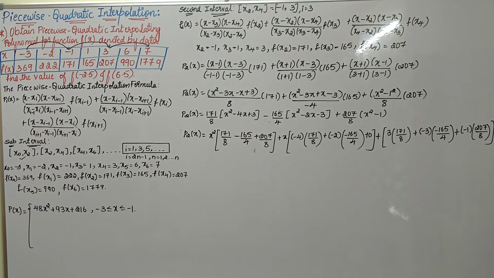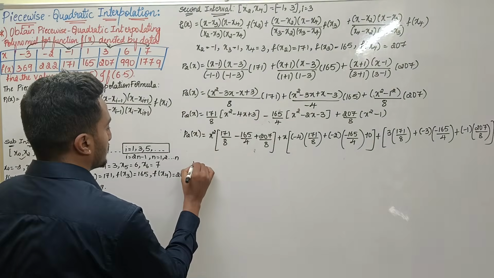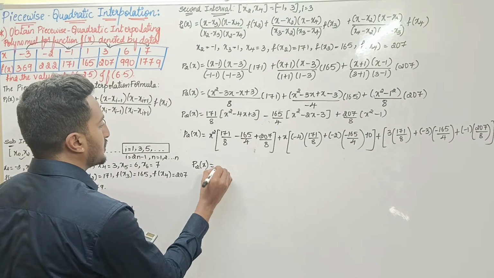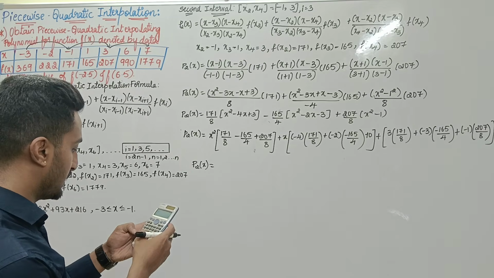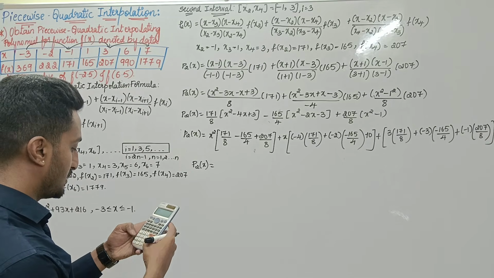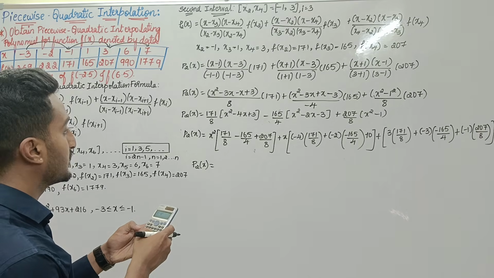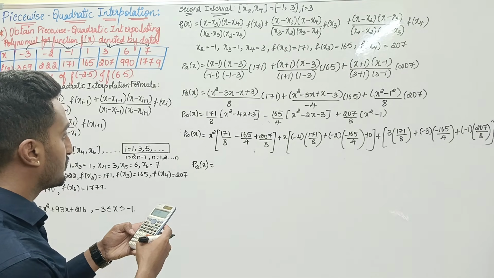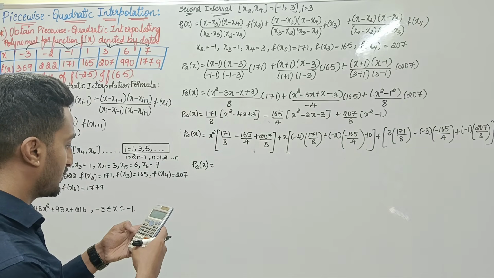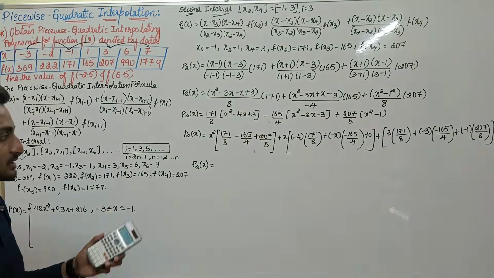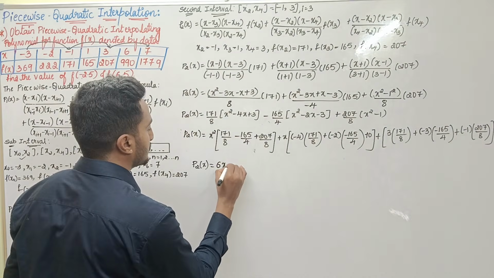Now let us calculate, okay, that is a second piecewise quadratic equation. So I am going to represent P2 of x, 171 divided by 8 minus 165 divided by 4 plus 207 divided by 8. You are getting 6, that is 6x square.